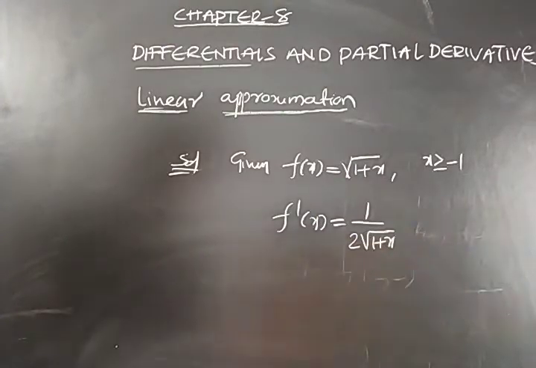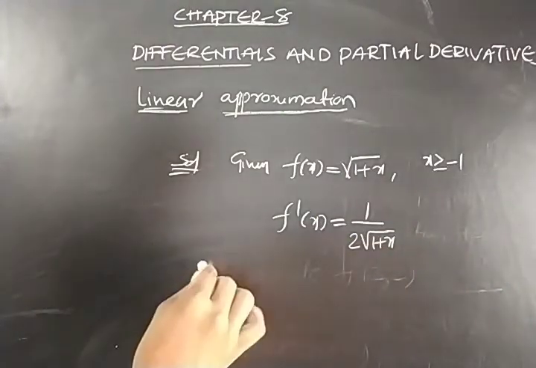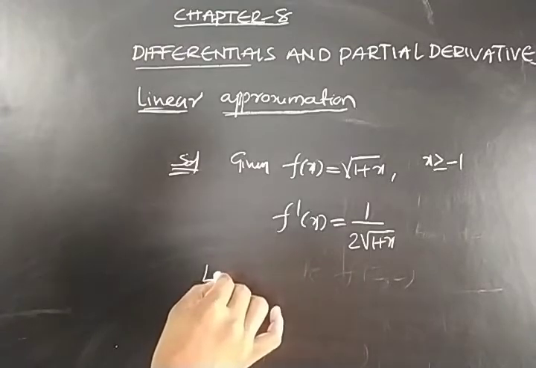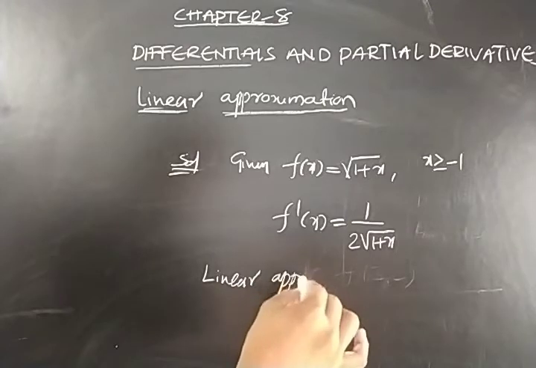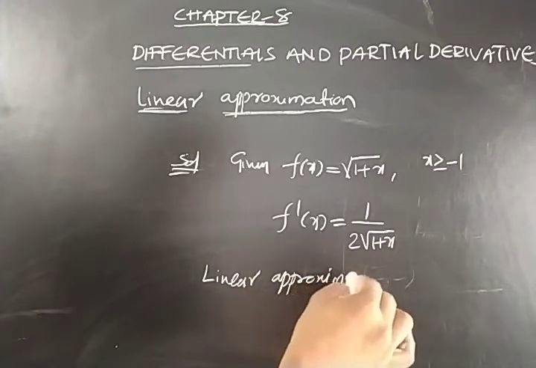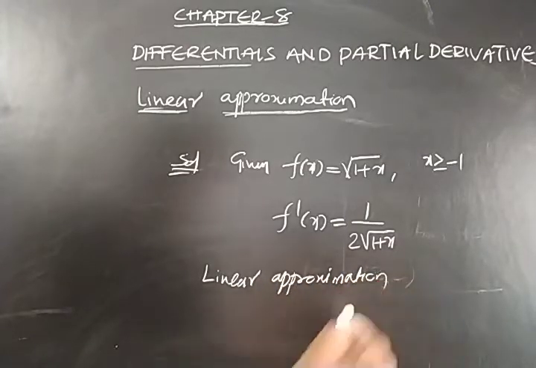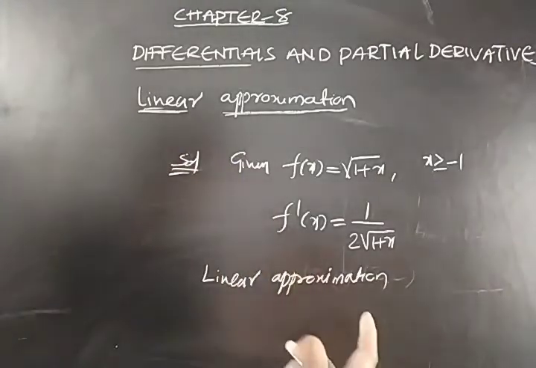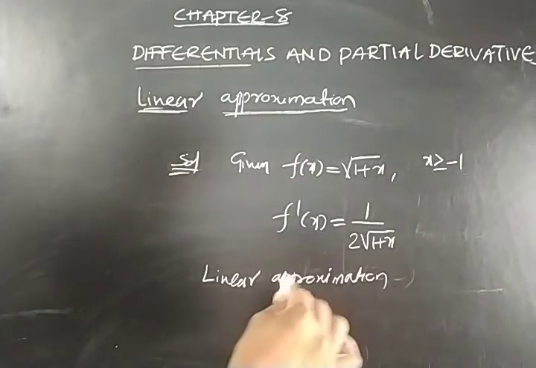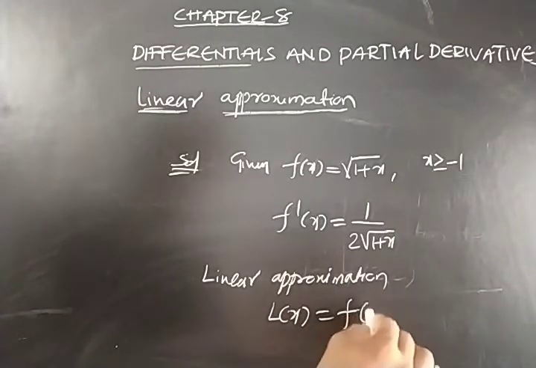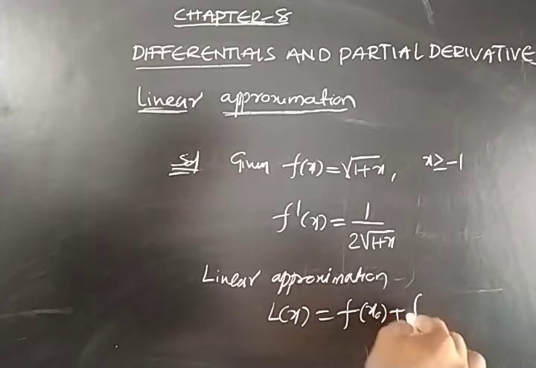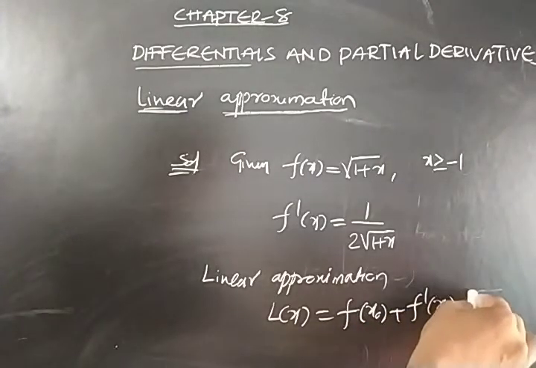Now I am finding the linear approximation, which is a tangent line at the point x naught equal to 3. The formula is L of x equal to f of x naught plus f dash of x naught into x minus x naught.